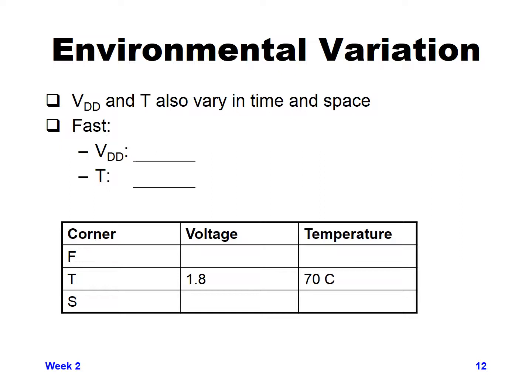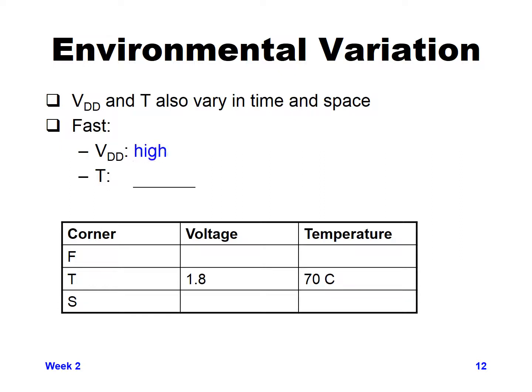Below we say we're trying to supply a typical voltage of 1.8 volts, and we assume that our typical temperature of our chip is 70 degrees C when it's in operation. So we might say, okay, if we want to do a fast environmental corner, for VDD, what would you expect?